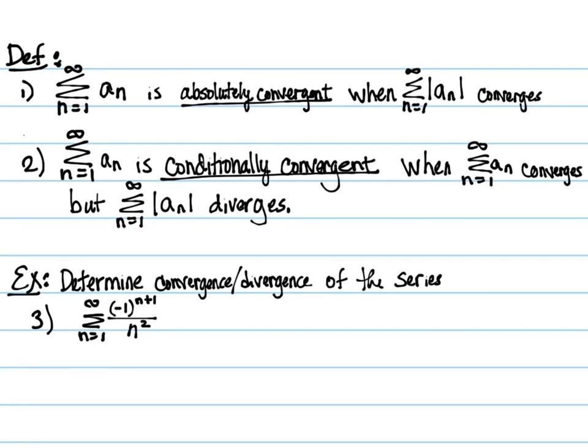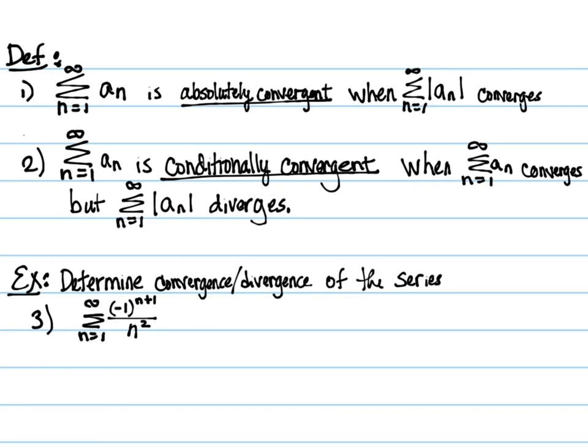All right, so we could test the absolute convergence first. We can test the conditional convergence first. If we test for absolute convergence and it doesn't converge, then we have to test for conditional convergence. But if we test for conditional convergence and it does converge, we still have to check for absolute convergence. So it's kind of six one way, half a dozen the other.